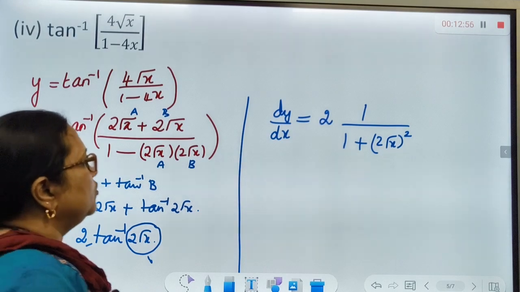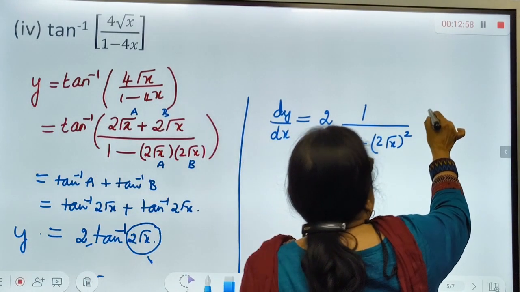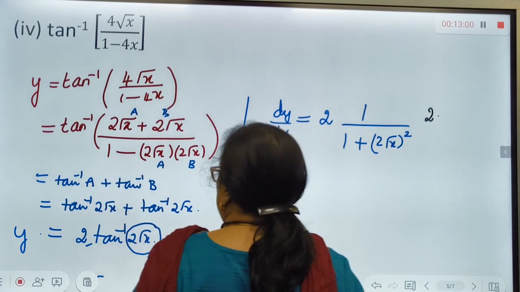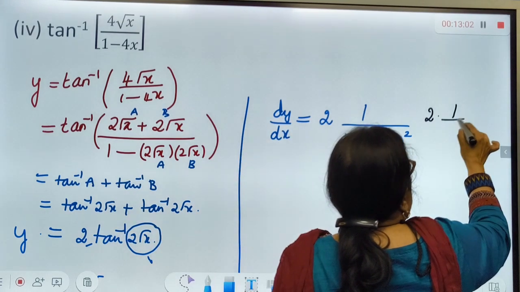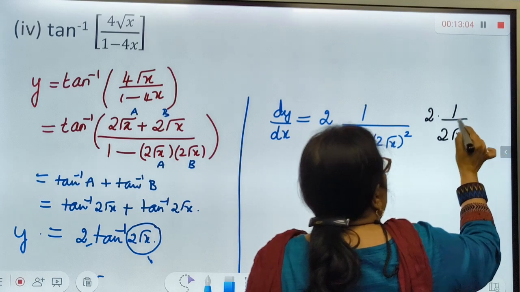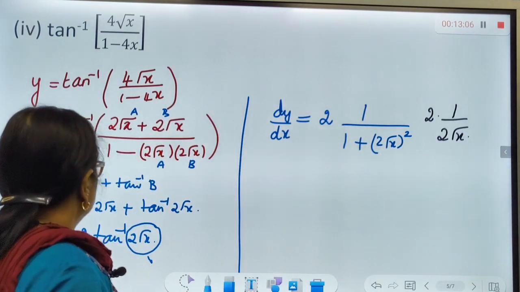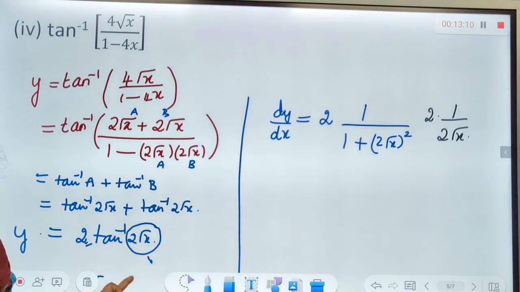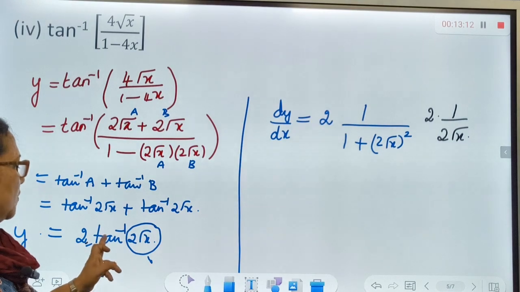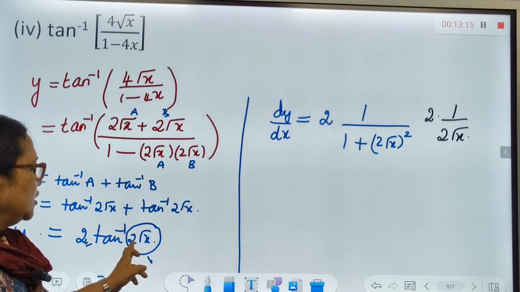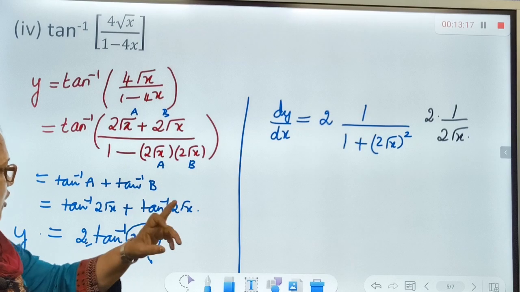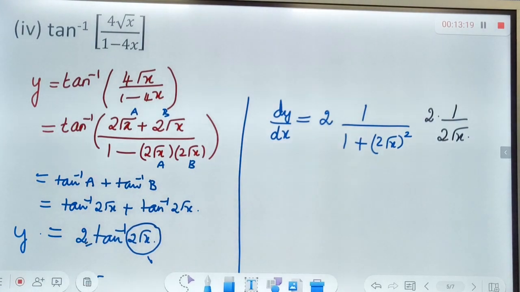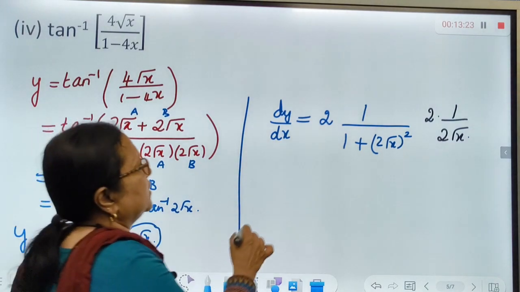What is the derivative of 2 root x? That will be 2 into, what is the derivative of root x? 1 by 2 root x. This 2 comes because of that. Then derivative of tan inverse x is 1 by 1 plus x square, so 1 by 1 plus 2 root x square, into chain rule, derivative of 2 root x, 2 into derivative of root x, which is 1 by 2 root x.